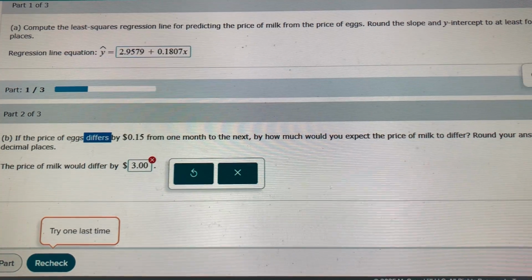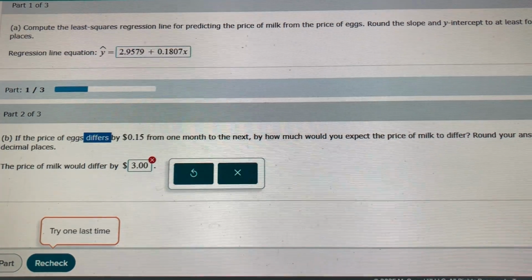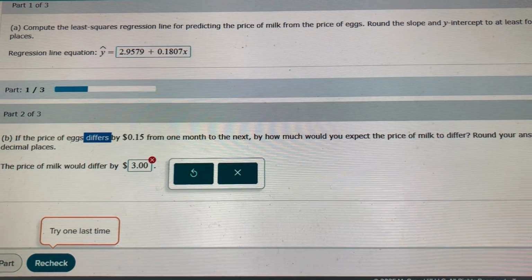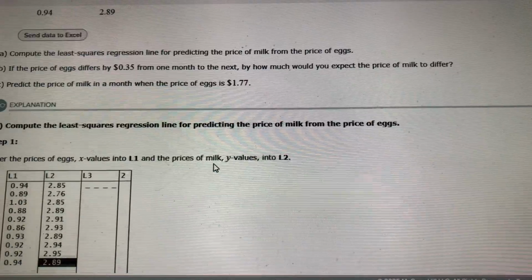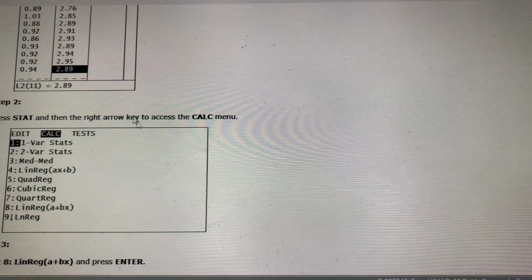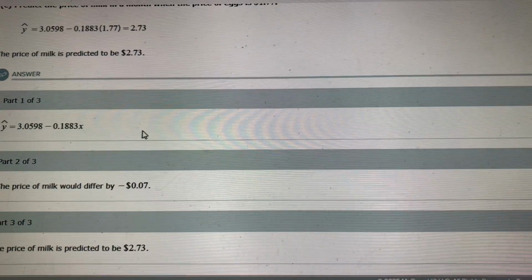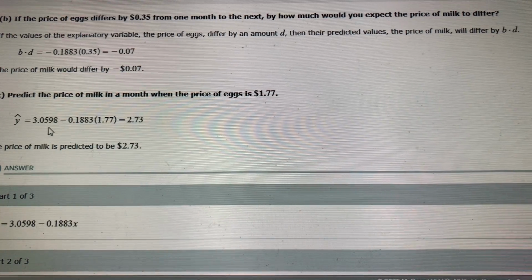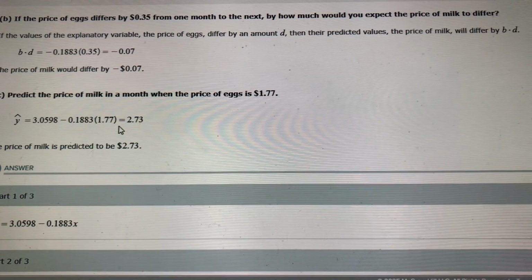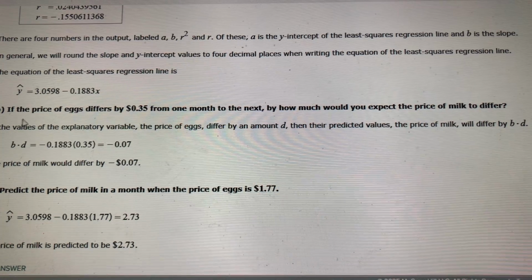Whenever you get stuck like this, sometimes you just either get it wrong or go over to this help where it says example on the side. And see how they're showing you how to do this by the calculator. Okay, so price of egg differs by 35.